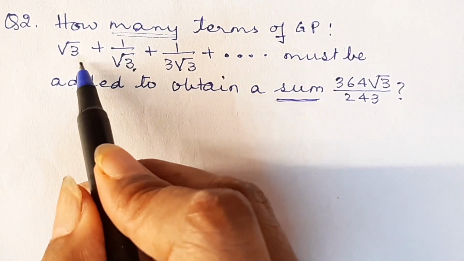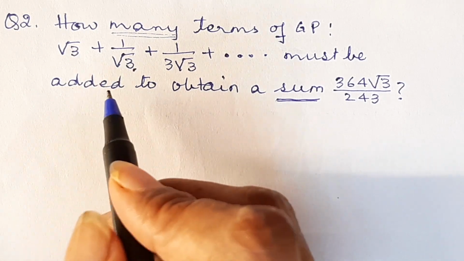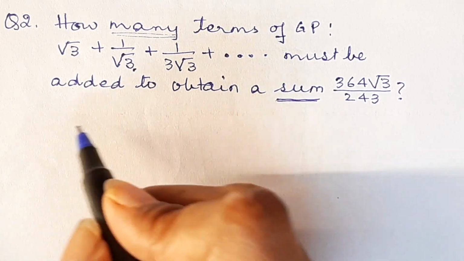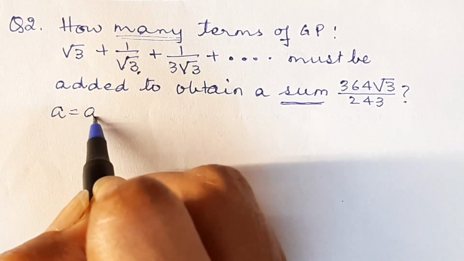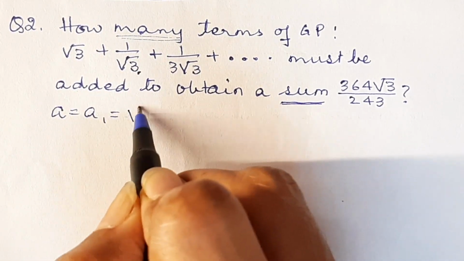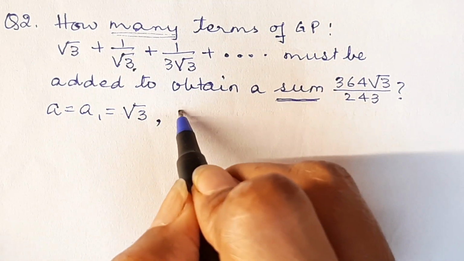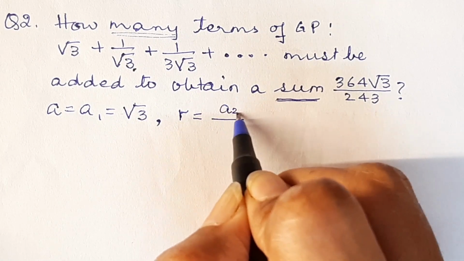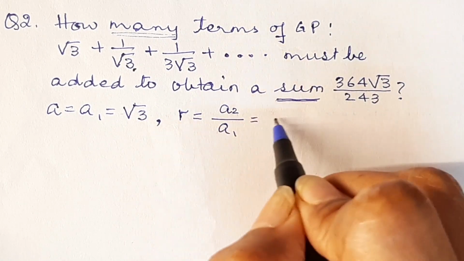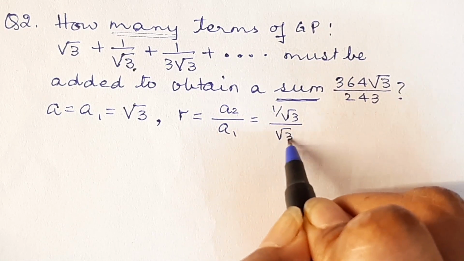So as usual, we proceed by finding a, that is the first term, and the common ratio, which is r. So we will say a is equal to a1, which is root 3. This was simple enough. And then our r, which is the common ratio, will be a2 upon a1, which means 1 upon root 3 upon root 3.